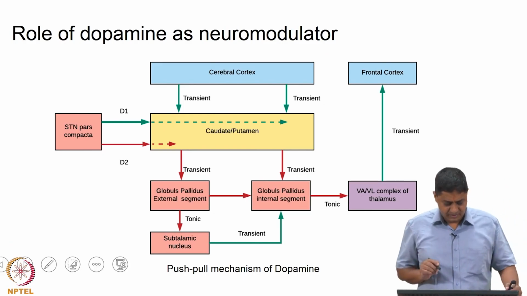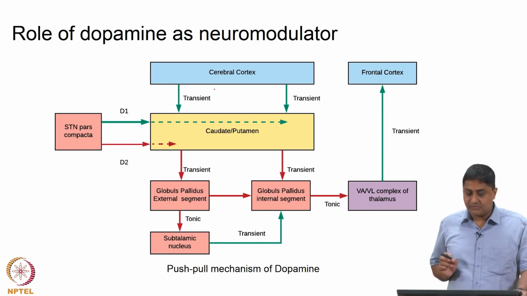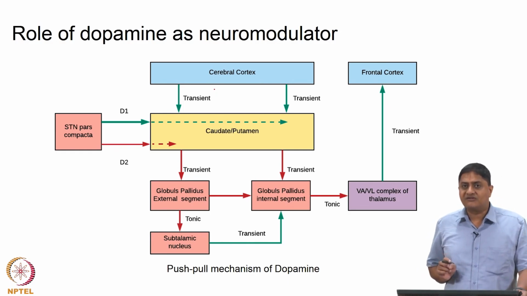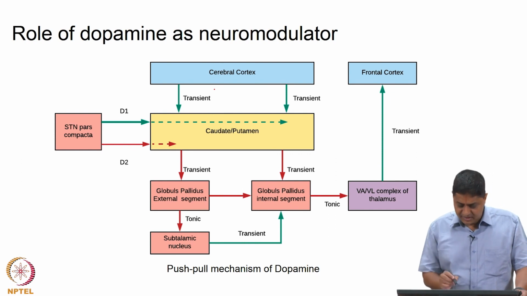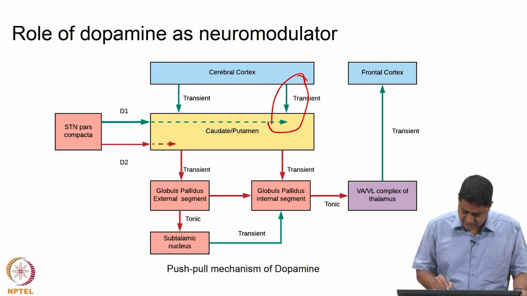Let us remember one thing: this picture or this diagram represents a cartoon of the basal ganglia function. Here is the direct pathway. From the striatum, this is the corticostriatal pathway, right.